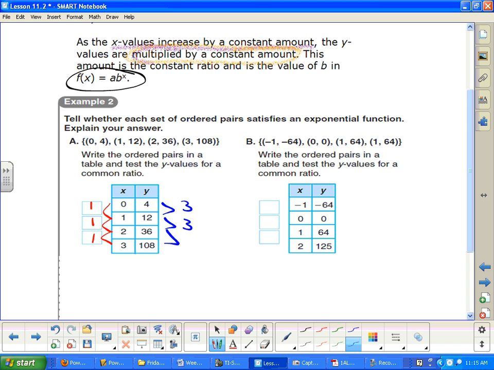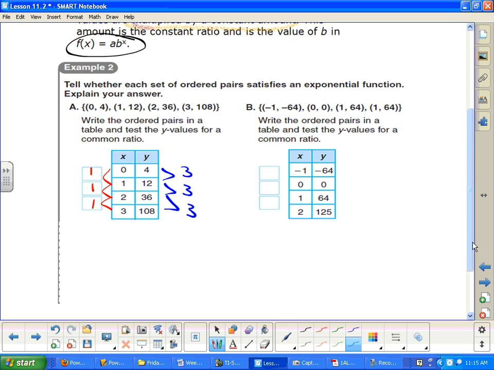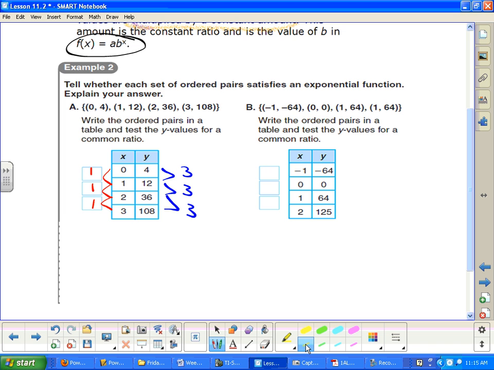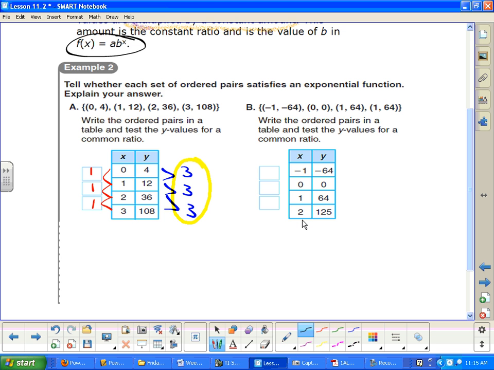And 108 divided by 36? 3. So since all of these values here are the same, then it is an exponential function. So yes, exponential function.